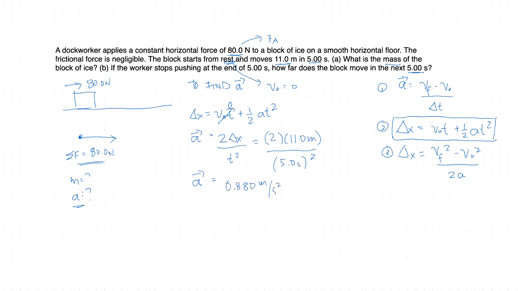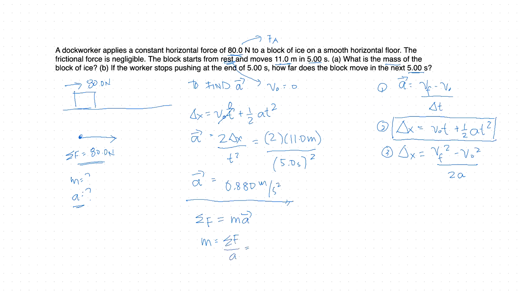Since we know the acceleration, we can find the mass of the object. We have the net force and the acceleration, so we can find the mass. From the equation, the net force is equal to the mass times acceleration, so the mass is equal to the net force over the acceleration.